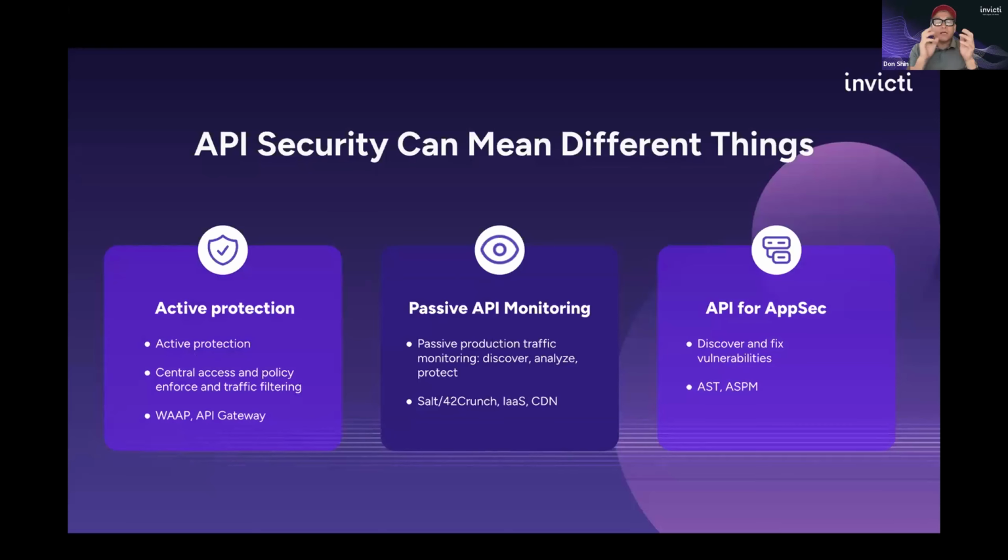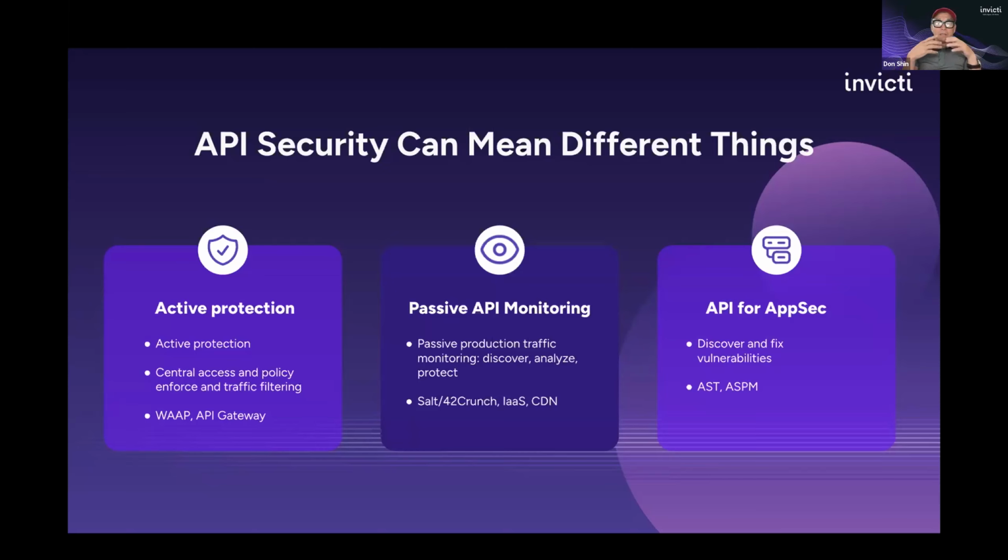However, API security as a term means a lot of things depending on who you're talking to. I think there's a little confusion, and we want to be crystal clear about what we're talking about. Specifically, we're talking about the rightmost pillar here, which is API for AppSec. This is discovering vulnerabilities, using security testing, and using posture management to make this possible.